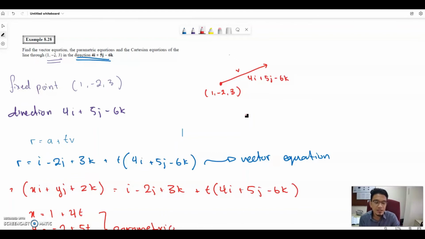So v is the direction vector from the fixed point of (1, -2, 3), in the direction of 4i plus 5j minus 6k. We can interpret these two things, the point and the direction vector, into three types of equation, which is the vector equation, parametric equation, and also the Cartesian equation.